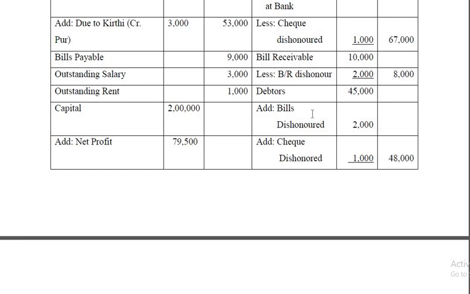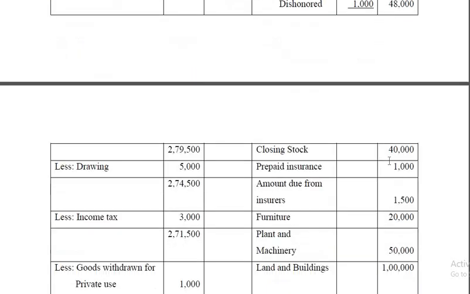But you would add bills dishonored, because once you receive the bills, value of debtors had gone down. But now since it is dishonored, we have to reverse that. Therefore, it should be added 2,000. So also cheques dishonored. So you have to reverse the effect. So once again, debtors value has increased. So 48,000 is the total balance of debtors.